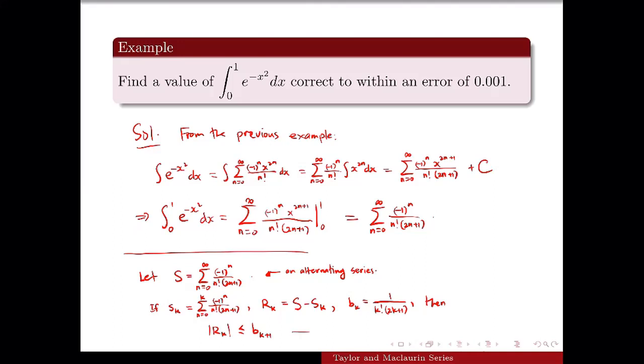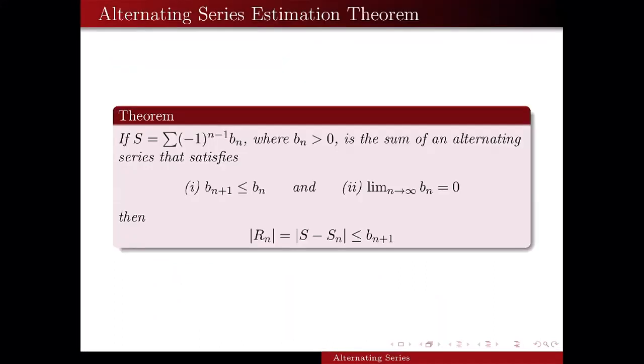So just to recall what I have written here, let's look at this. You have an alternating series, okay? And the sum, it's convergent, alternating series, so it must satisfy these conditions. Then you have your R sub n, defined to be S minus S sub n.